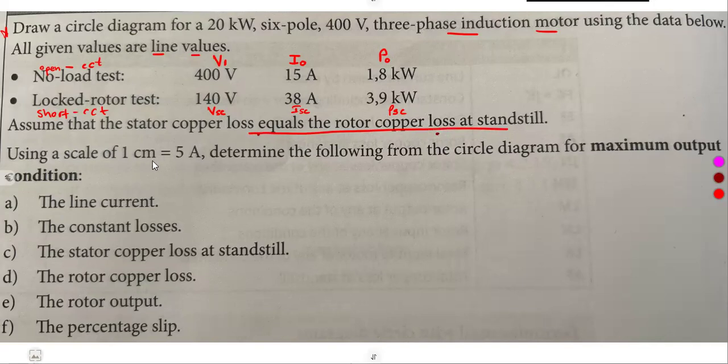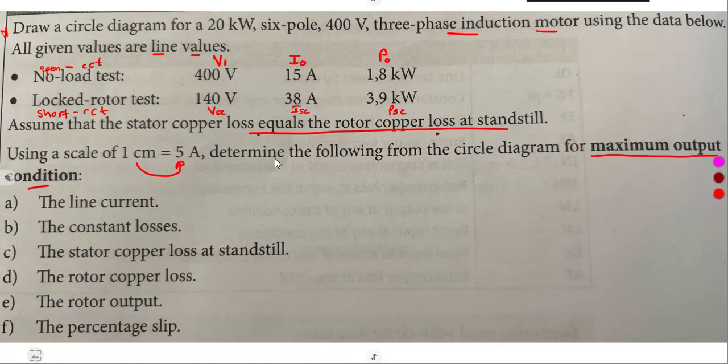Using a scale of 1 centimeter equal to 5 amps, determine the following from the circle diagram for maximum output condition. You are given a condition to work with for maximum output. So we are going to use that one later on.